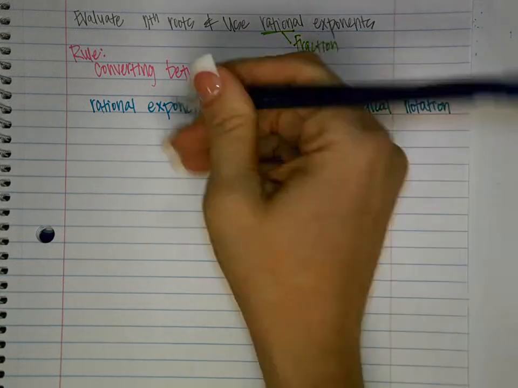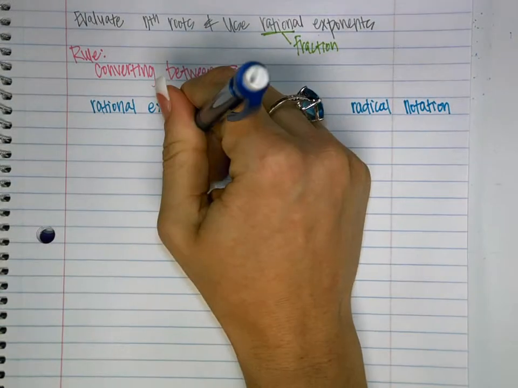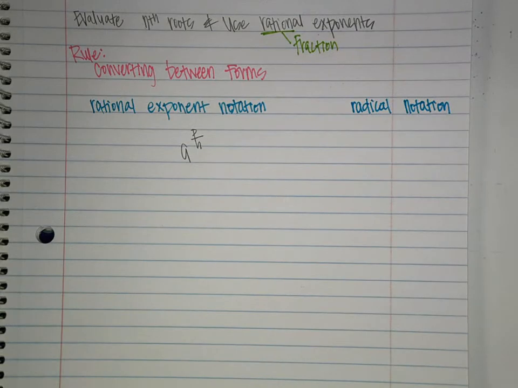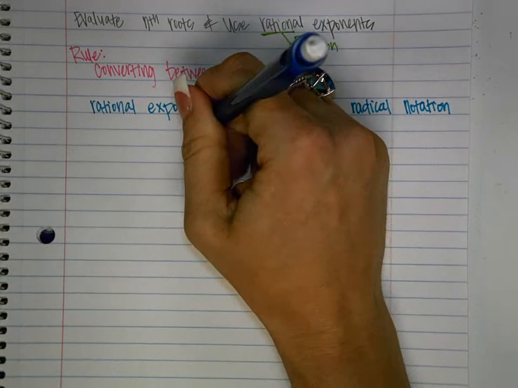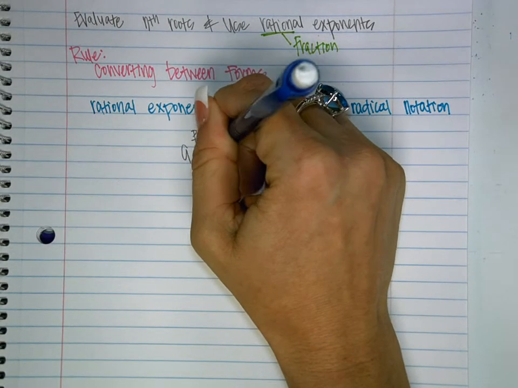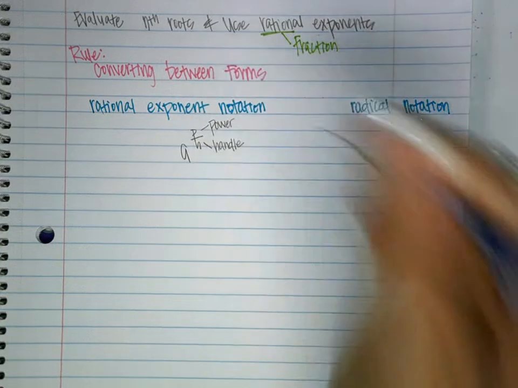So if I gave you something like a to the p over h power, the reason we put a p and an h is because this is what we would typically call the power, and this is the handle.